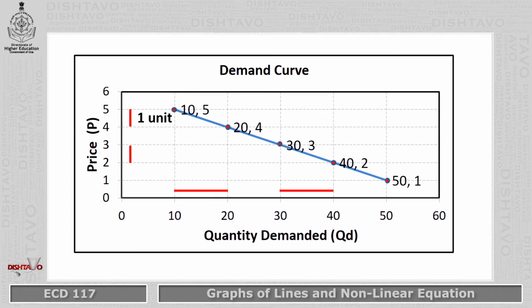Let's say we had to move from this point A to this point B. What it essentially means is that in order to move from point A to point B, I need to give up some amount of this particular price. That means the price has to fall by 1 unit, and when this price falls by 1 unit, you see that the quantity demanded has risen by 10 units.